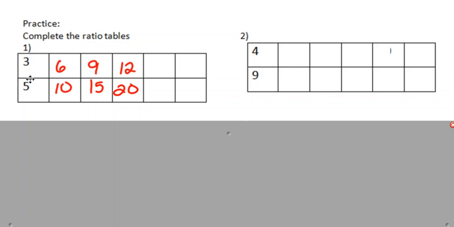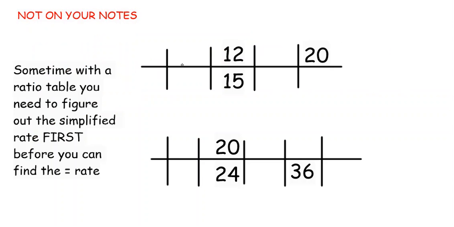All right. So we could do that to show all the ratios, but sometimes that could get kind of old. So there is another way we can look at it. Sometimes, to help us find equivalent ratios, we can just go from one ratio to the next. So if I look at this, if I wanted to go from 6 to 20, that might be difficult to figure out what I am multiplying by.